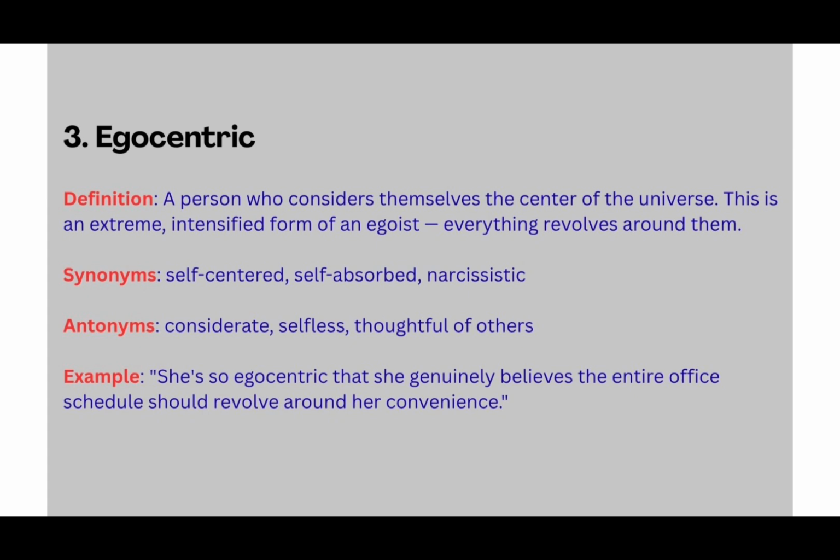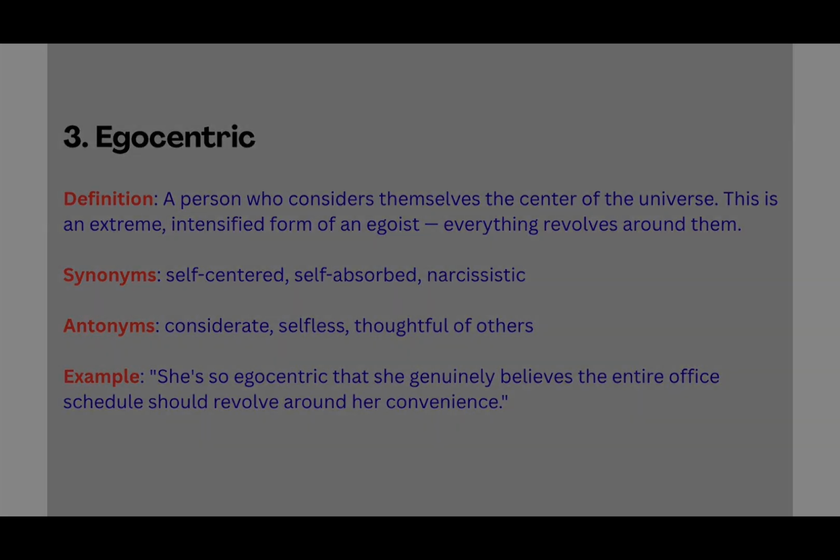Narcissistic is a personality who admires themselves. Antonyms: considerate, selfless, thoughtful of others. Considerate means thinking about other person's feeling before acting. And thoughtful of others here means caring about what others need or feel.